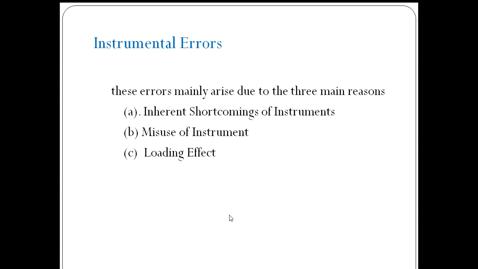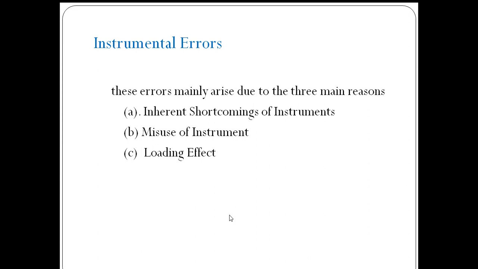While connecting the circuit diagram, we have to take the measuring instruments in a proper manner. Otherwise, it may cause the loading effect on the existing circuit. And we have to choose the proper range of instrument as we discussed.